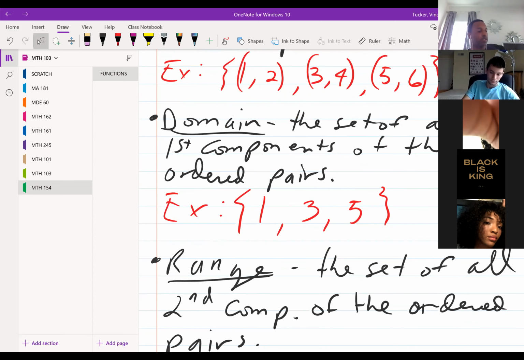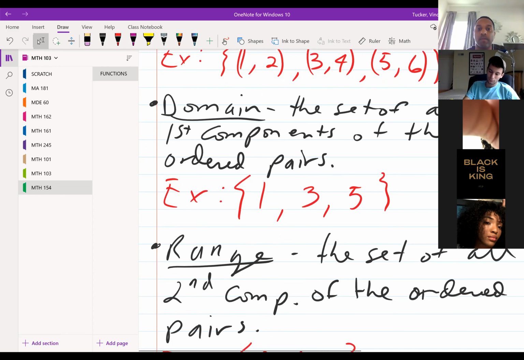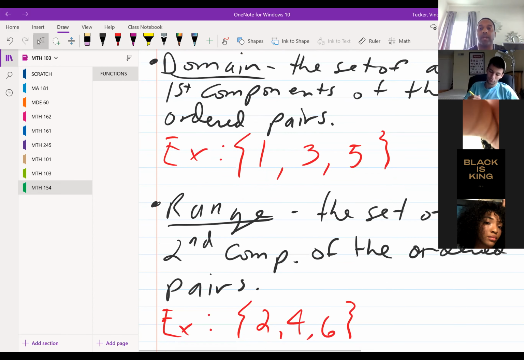Also, as I go through these notes, if I move too fast or you want me to repeat something or scroll back up, feel free to say so. Your range is the set of all second components of your ordered pairs, so 2, 4, and 6 would make up your range.